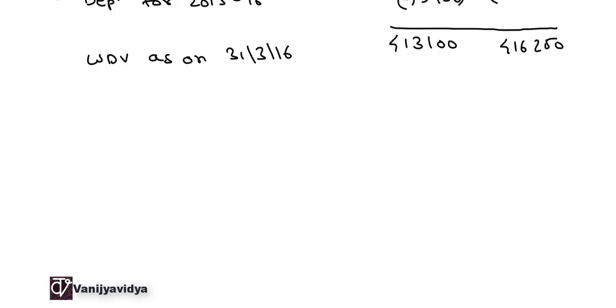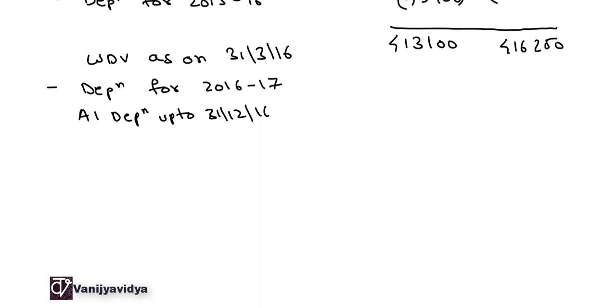So this is WDV as on 31st March 2016. Now less depreciation for 2016-17. So for asset 1, depreciation up to 31st December 2016 will be 4,13,100 into 10%.